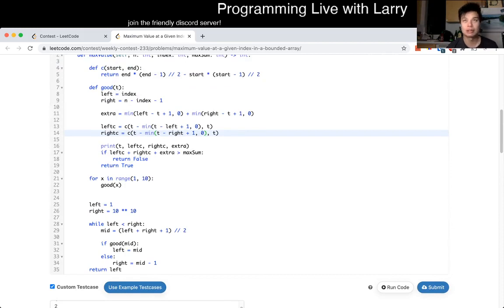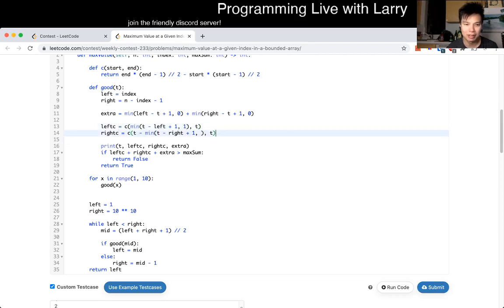Okay, so no, I think that's why I had this. I already had the T minus left. Okay, so the starting point is T minus left or 1, right? Yes. Why is this wrong?